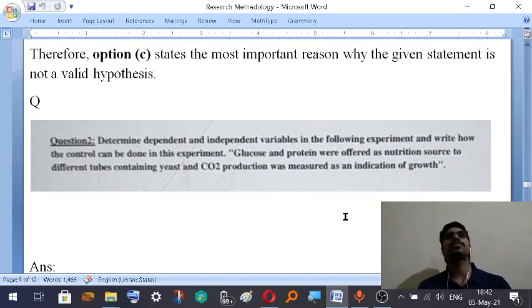So in the context of yeast, we can use the CO2 production as an indication of growth, because during the growth the yeast undergo aerobic respiration. During aerobic respiration, carbon dioxide is produced. That's why we can use carbon dioxide as a measure of growth.